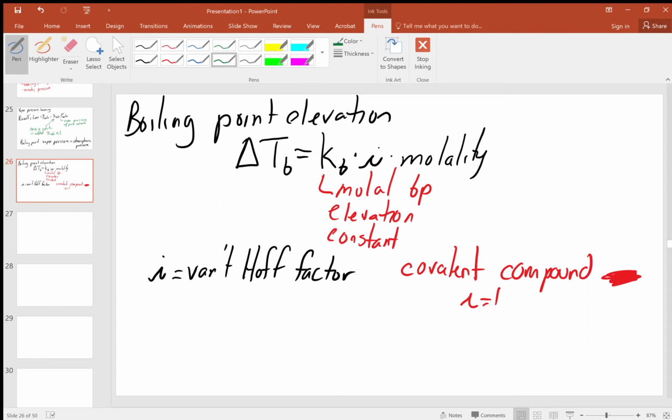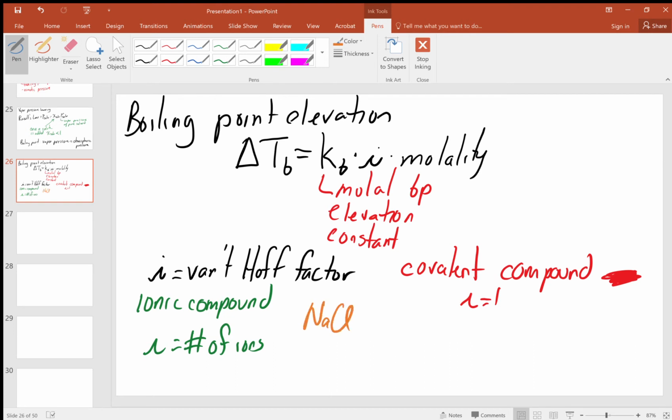But for an ionic compound, i is equal to the number of ions. So sodium chloride, for example, is made up of 1 sodium ion and 1 chloride ion, so a total of 2 ions.